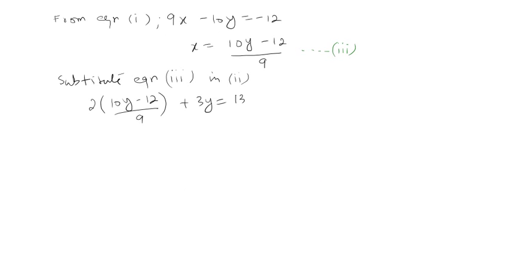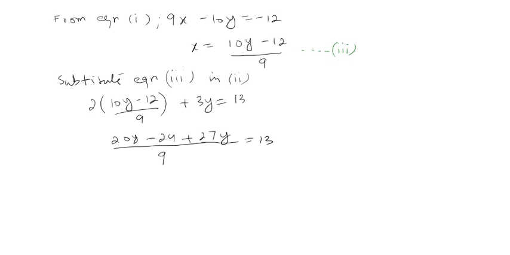So now we can't cancel anything, so we have to take the LCM. 9, and it will multiply 20y minus 24 plus 27y is equal to 13, because here it is 1, so 9 3s are 27.